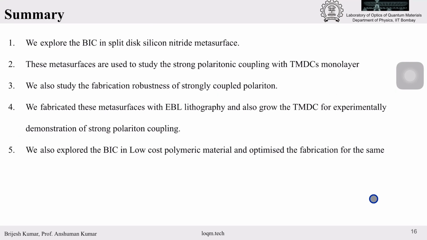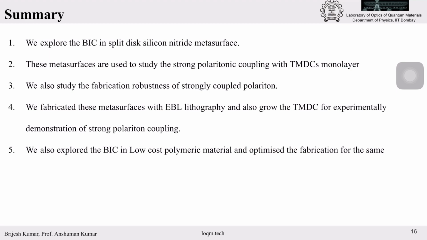To summarize, we explored the BIC in a split disc silicon nitride metasurface, and then we studied strong polaritonic coupling with a TMDC monolayer. We also studied the fabrication robustness of the strongly coupled polaritons, fabricated the metasurface with EBL lithography, and also grew the TMDC for experimental demonstration of strong polariton coupling.